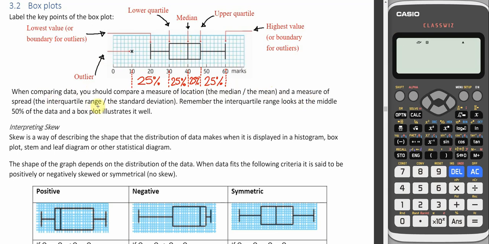We can get the interquartile range from the box plot, upper quartile take away lower quartile, but we can't get the standard deviation from a box plot. Again, you might have already calculated that earlier in the question on a separate part. Remember, the interquartile range looks at the middle 50% of the data, and this box plot helps us to identify the middle 50% really well.